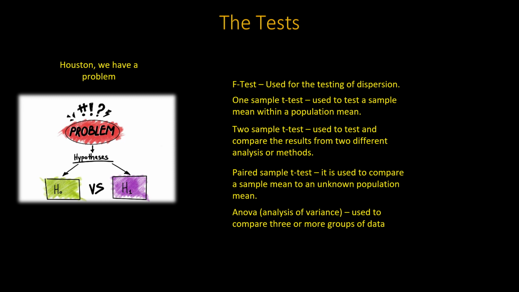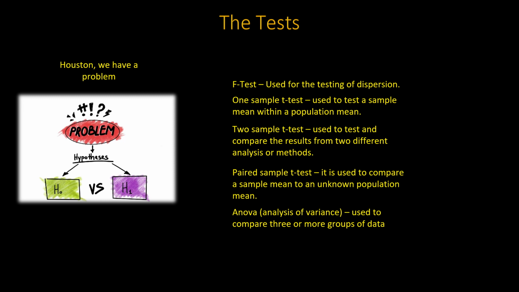The second is the 2 sample t-test, which is used to compare the results from 2 different analyses or methods, or 2 different populations, which would be similar to the F-test. The paired sample t-test, which is the third t-test, is used to compare the sample mean of a sample set to that of a population where the mean of that population is not known.